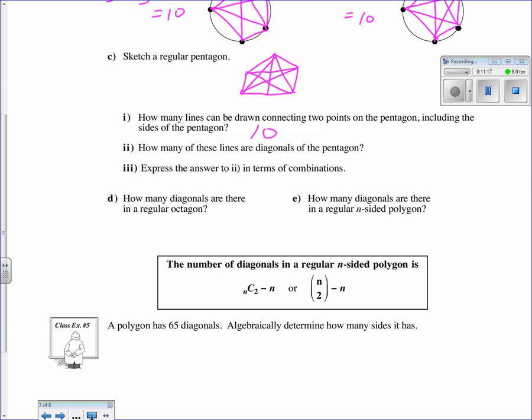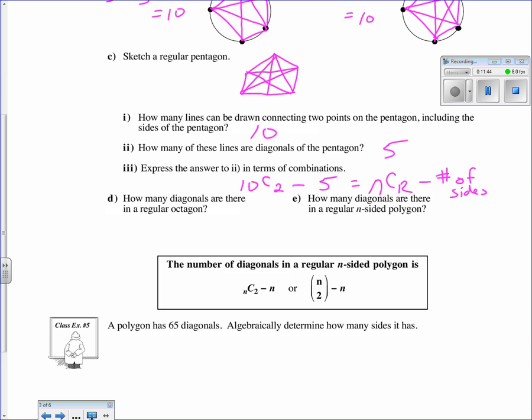Well, it turns out that the diagonals are only 5 of them. There are only 5 diagonals. Otherwise, they're just edges. So in terms of combinations, we can write this as 10 choose 2 minus 5, or n choose r minus the number of sides.